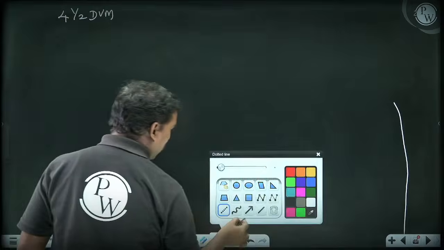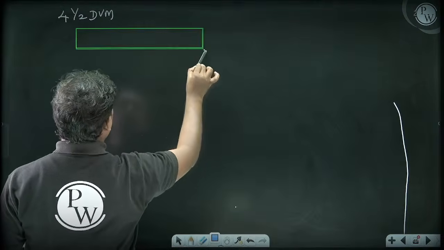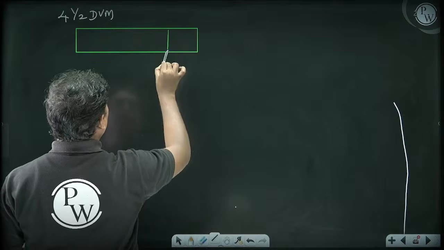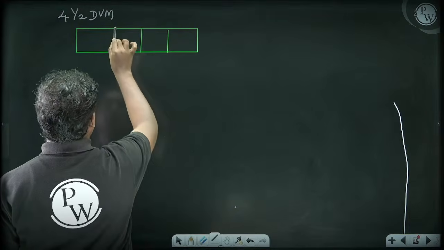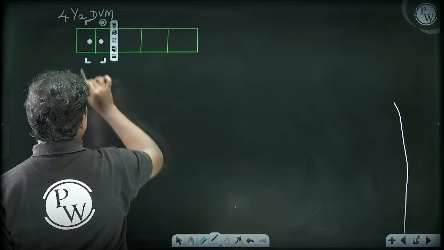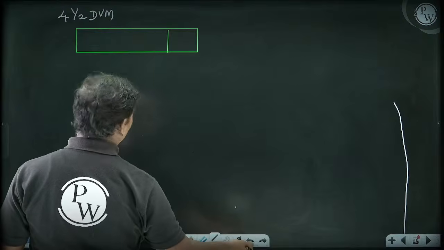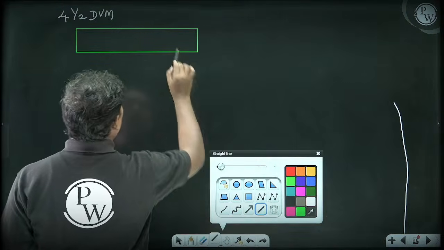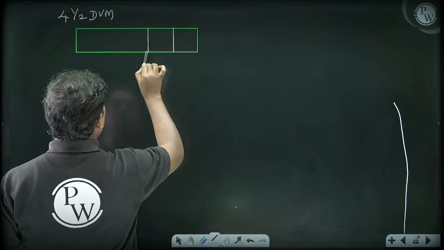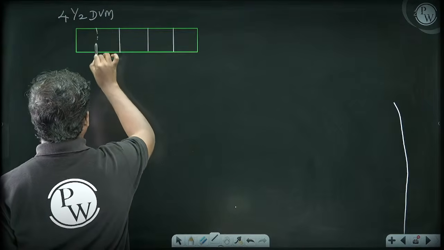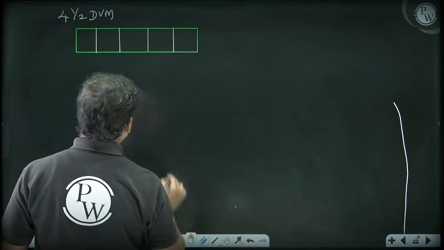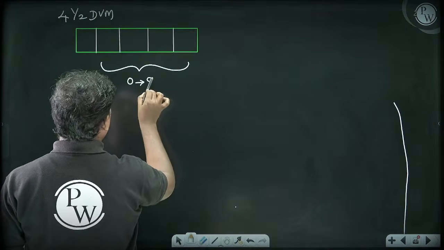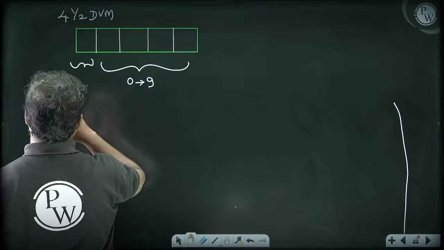So 4 full digits: 1, 2, 3, 4, and the half. The range of the full digits will be 0 to 9. This is the half digit, 0 to 1.